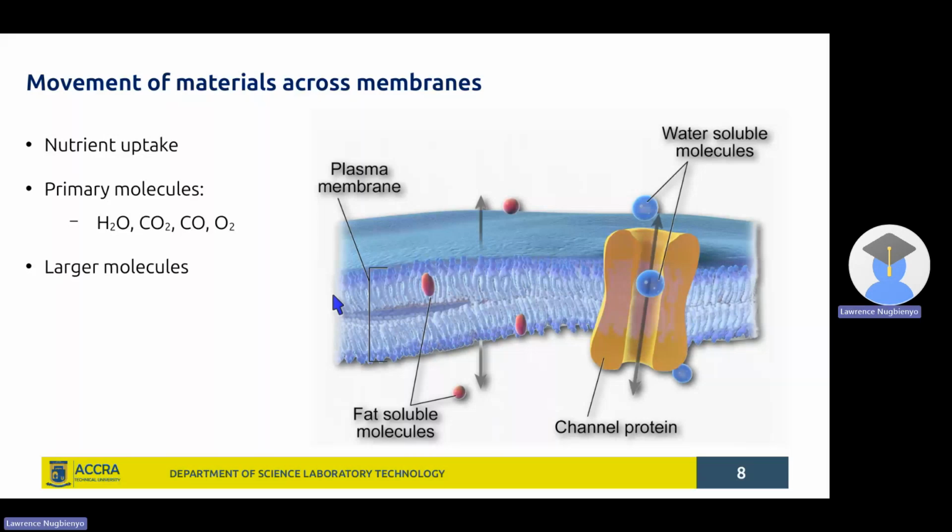Now, you can have primary molecules that easily move across the cell membrane, being, say, water, carbon dioxide. Carbon monoxide can also go across the cell membrane. You have oxygen. Mainly, these are the compounds which move across cell membranes for metabolic processes.